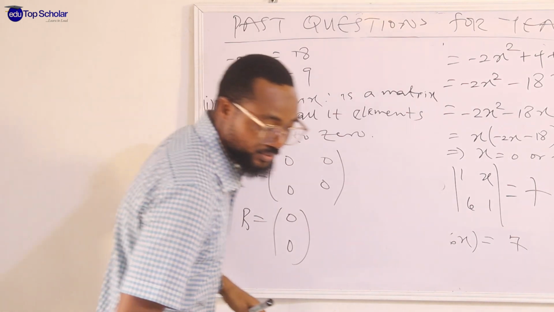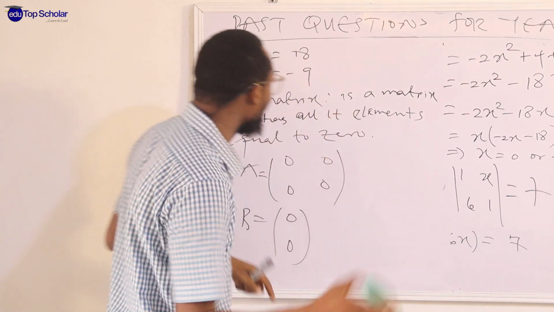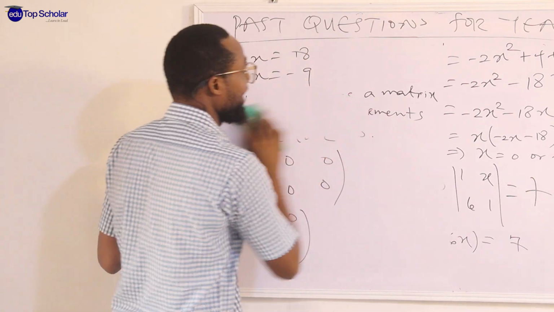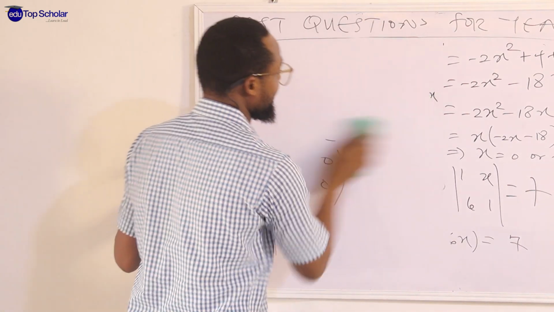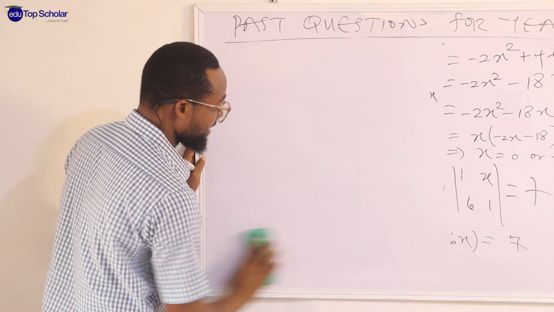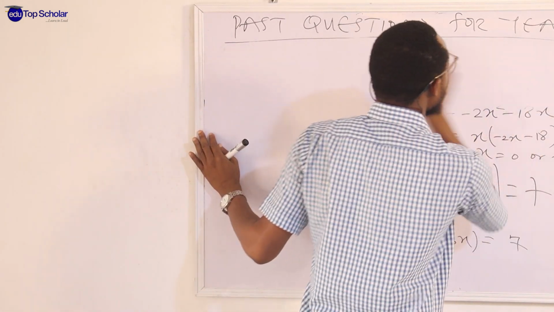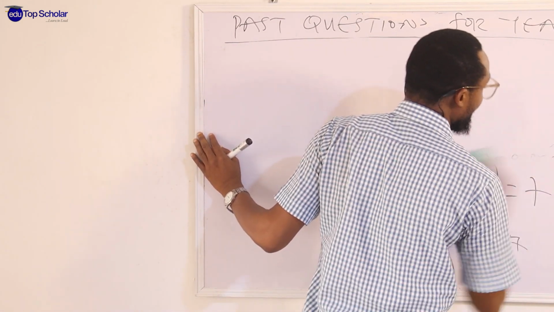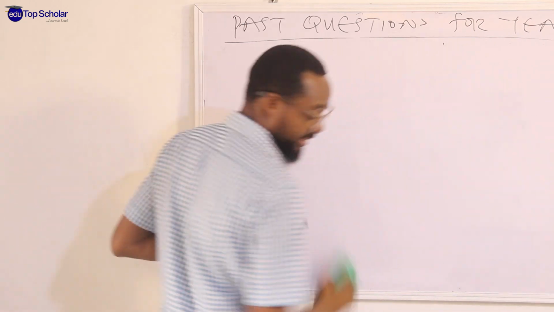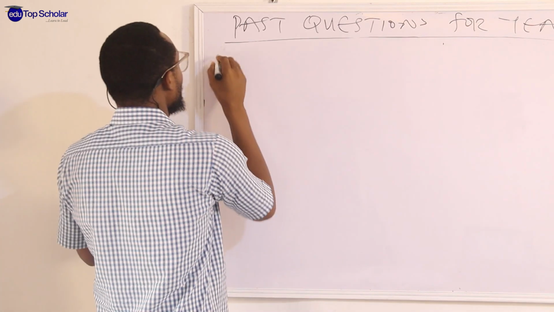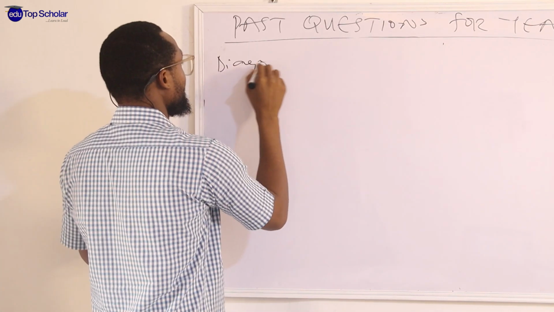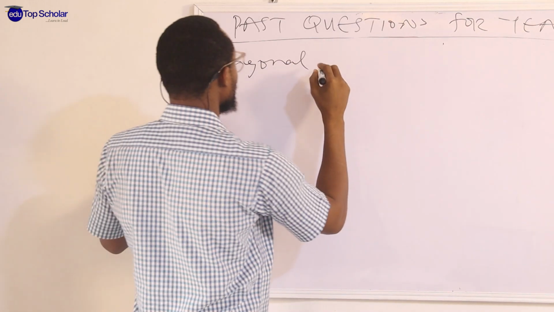Number 2, that we should define diagonal matrix. A diagonal matrix is a matrix that has 0 elements except in the leading diagonal. I think it's better I write this.